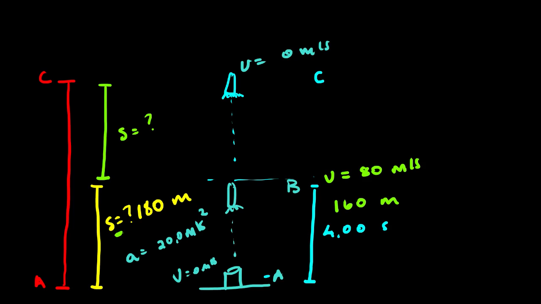And then from B to C, we no longer have this net acceleration, meaning that the only acceleration experienced is the 9.8 meters per second squared, and it is facing downwards. So if you can check, we have the acceleration, we have the initial velocity, this will serve as our initial velocity, we have the final velocity, and then we are looking for the displacement.